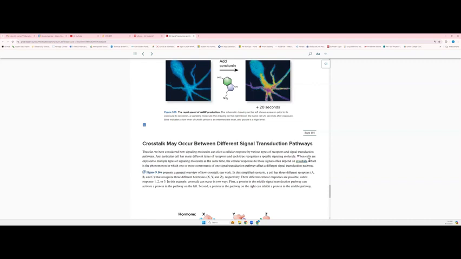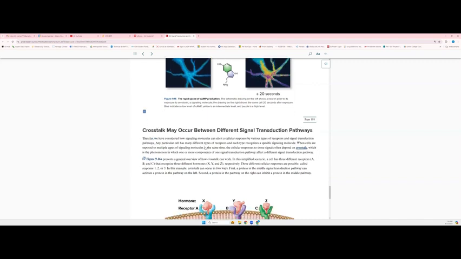What that means is when cells are exposed to multiple types of signaling molecules at the same time, the cellular response to these signals often depends on crosstalk, which is the phenomenon in which one or more components of one signal transduction pathway affect a different signal transduction pathway.